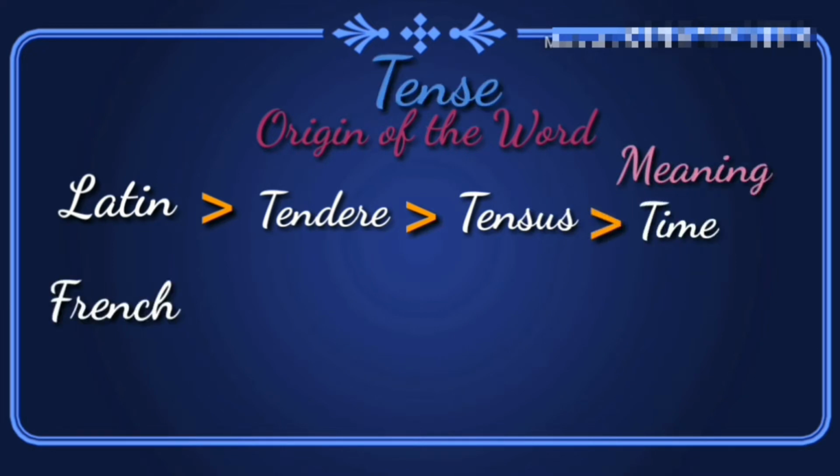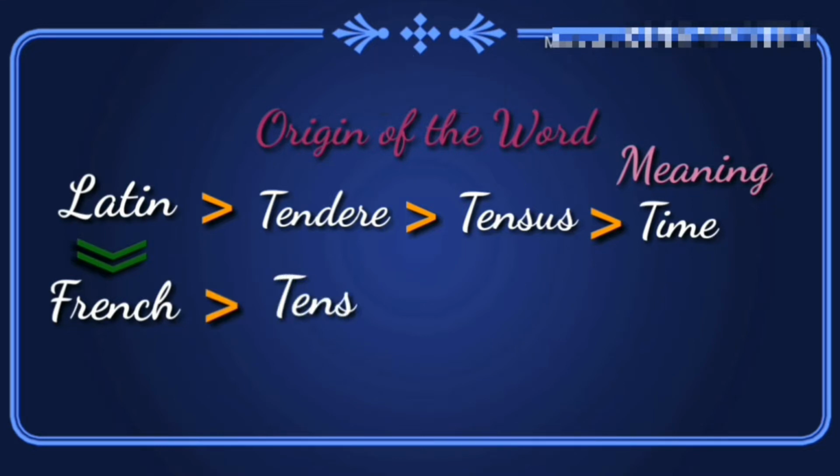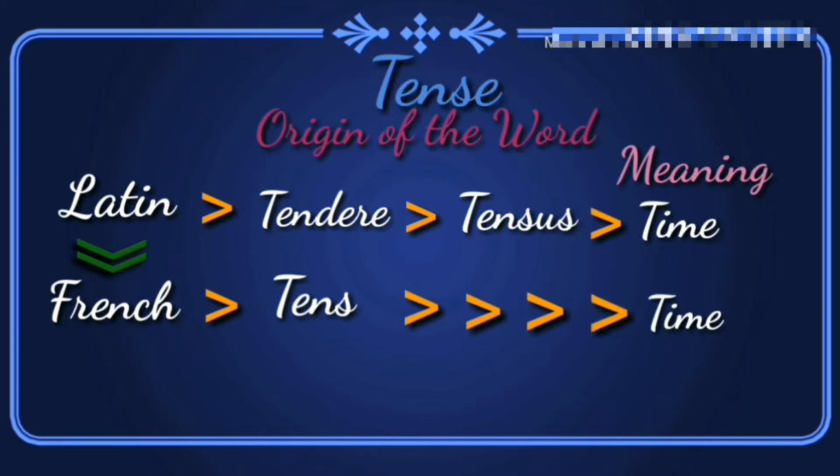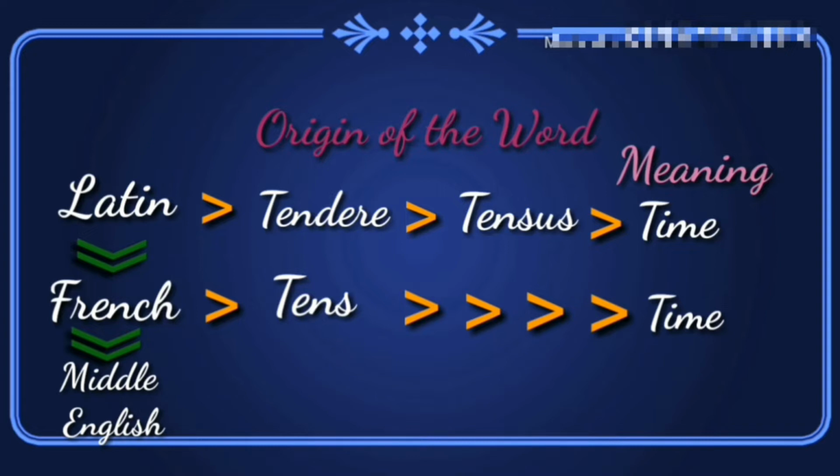Then, after some time, the word again had been adopted by the French language and it also changed its form as tense, T-E-N-S, that also means time. Then the word had been adopted by Middle English and it also changed its form and spelling as T-E-N-S-E. That also meant time.